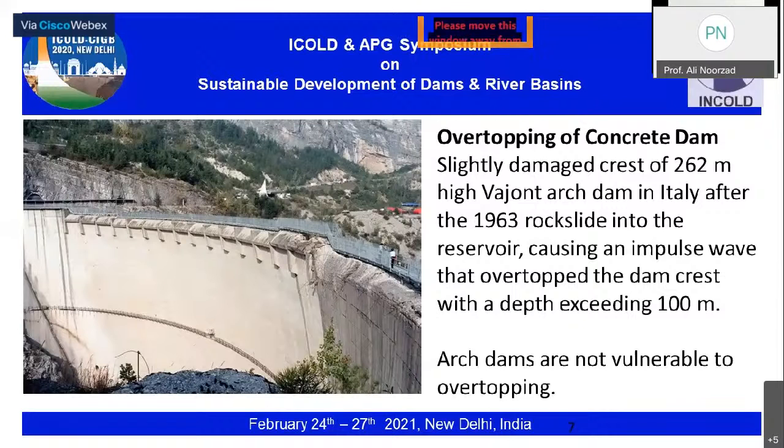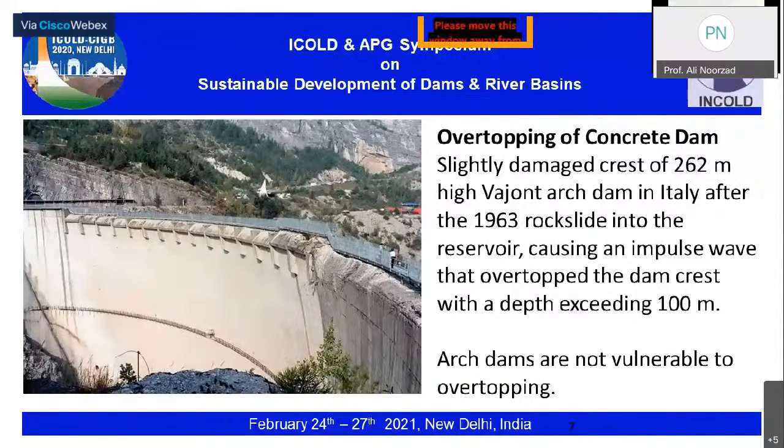1963 a large rock slide occurred, which caused basically a displacement of the reservoir and a big wave with a height of over 100 meters overflooded the crest.